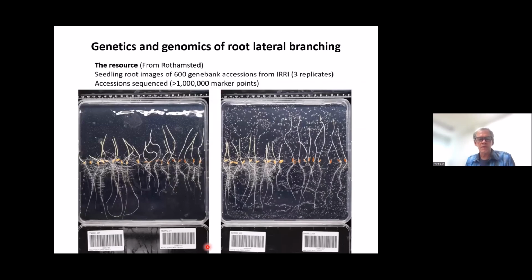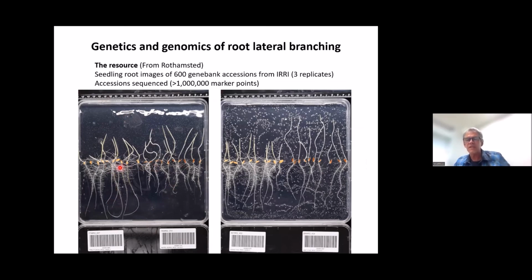Another project has just started, and I'm rather excited about it, because the resource that we received from the partner Rothamsted is such a unique, fantastic resource. So we have received seedling root images like these. Here there are 2 rice genotypes in 1 plate.